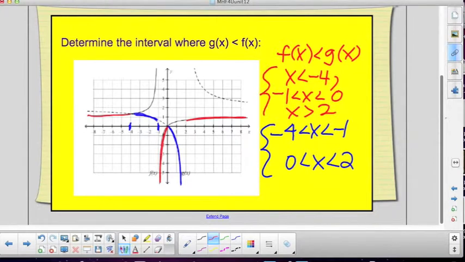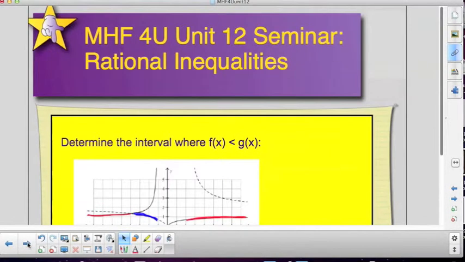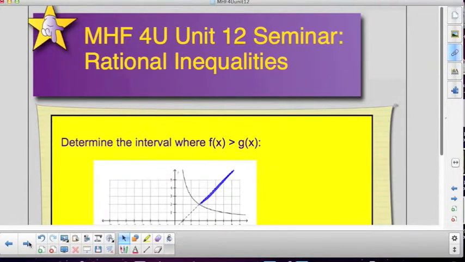So especially with more complicated graphs, you have to go through the entire thing and don't just choose one interval. Make sure that your answer is detailed, okay? That would be the easiest part of the test, just looking at the graph and figuring out which intervals belong to which.